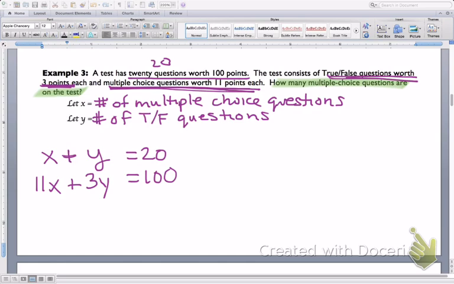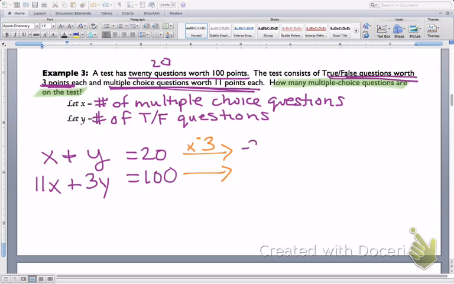So let's go ahead and decide what we're going to multiply these by to solve. This time I'm going to eliminate using the second equation, especially since it's a smaller number to multiply by. I'm going to multiply by 3. But because this 3 down here is positive, I need to multiply by a negative 3. So I'm going to go ahead and multiply these by negative 3. So it's negative 3 for each piece.